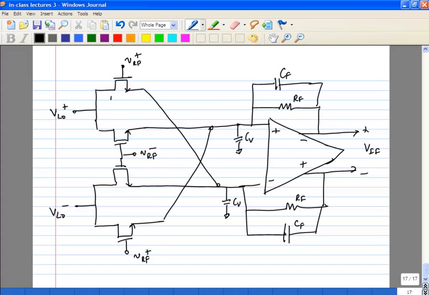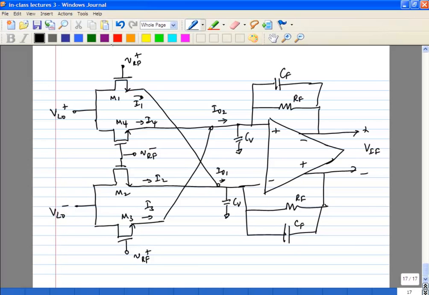So the 4 transistors, M1, M2, M3, M4, and of course the currents are I1, I4, I2 and I3. These 2 currents flowing out, we're going to call it IO, this is IO2 and this is IO1.